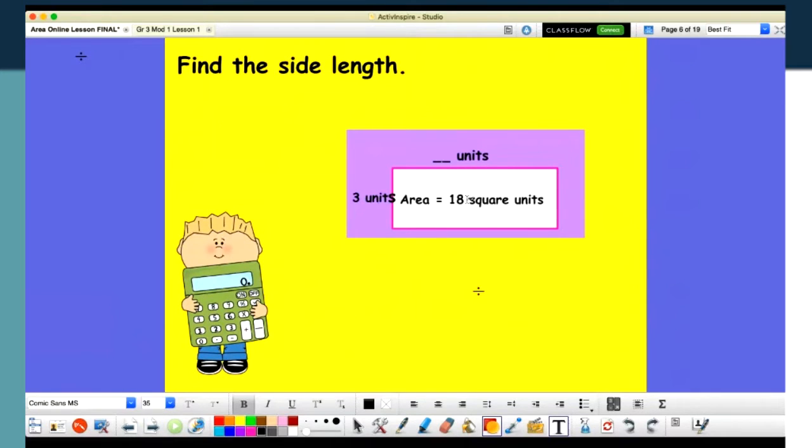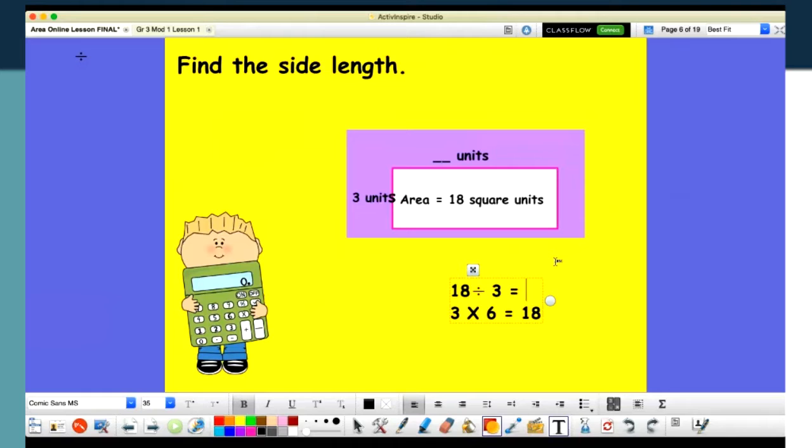All right, here we have a total area of 18 square units. So when given the total, I can use division. 18 divided by 3 equals blank. I know that 3 times 6 equals 18. You can always use the inverse operation, because multiplication and division are inverse operations of each other.